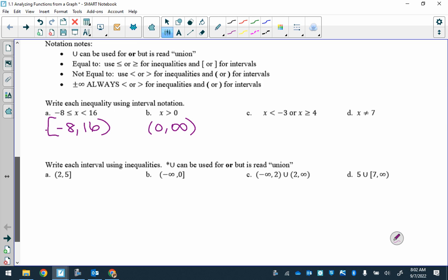Okay. So this one, we have x is less than negative 3 or x is greater than or equal to 4. Okay. So it's kind of going to resemble this one below, C below. How would I write that? Bri, go ahead.